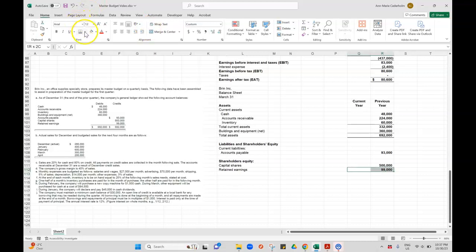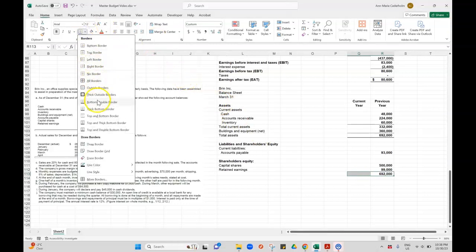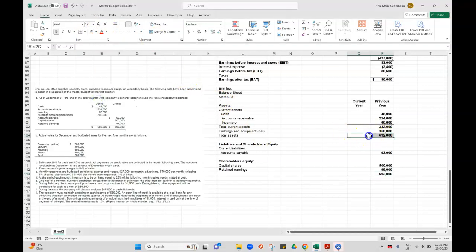Okay, and then we're going to add those up. And then first of all, make sure it balances. So that equals that. So I'm putting dollar signs on the first and last numbers. Okay, and I actually want the current year bolded, not the previous year.